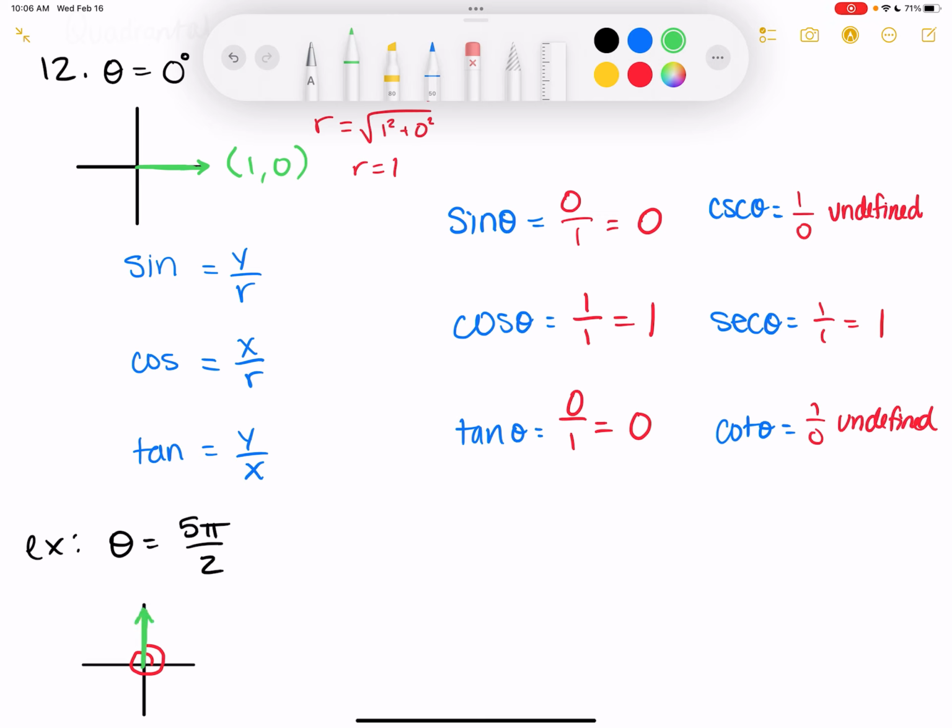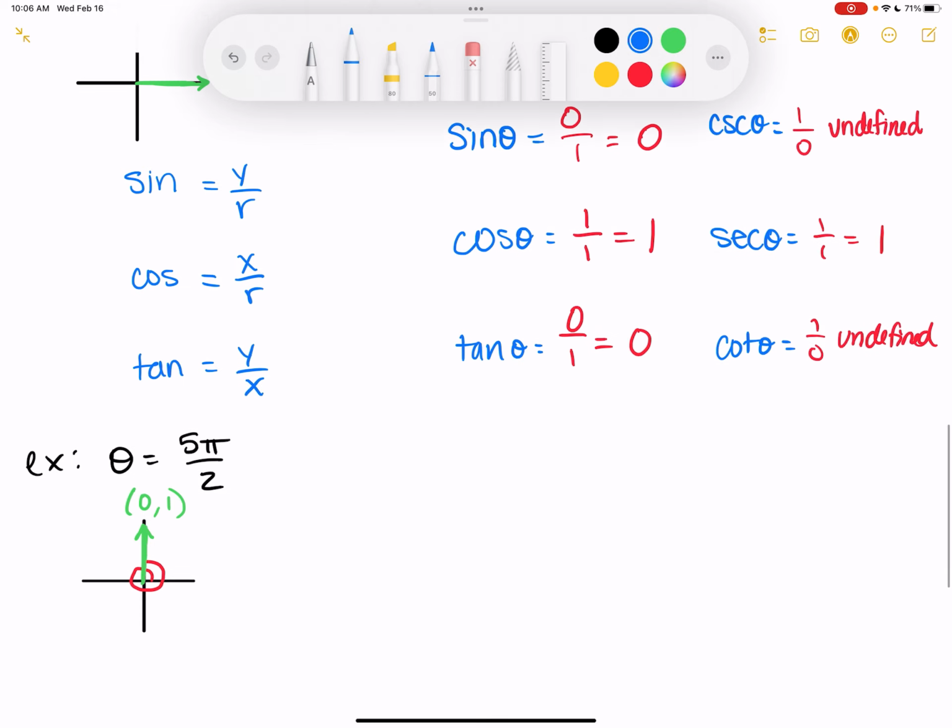All right, so what are my x, y coordinates of this one? 0, 1. Okay, r is still going to be 1. So I'm going to find my 6 trig functions of this.